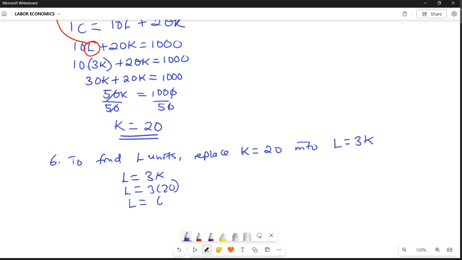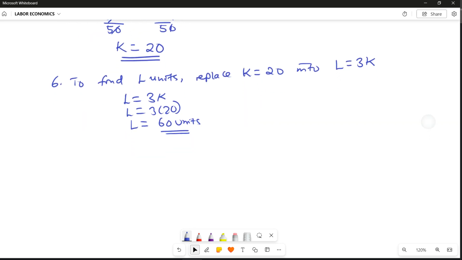Therefore, L is 60 units. So that is how we find the units of labor and capital. Therefore, for this firm to maximize its output, it has to hire 20 units of capital and 60 units of labor.